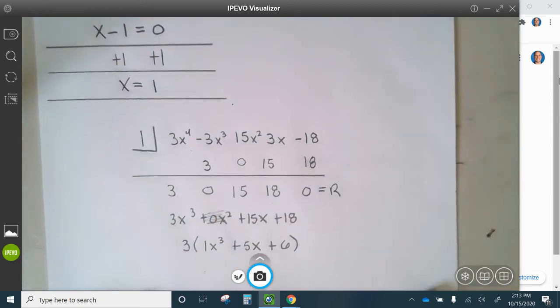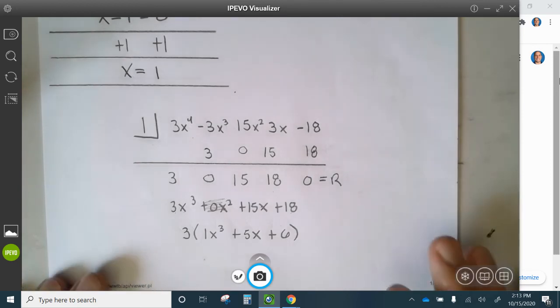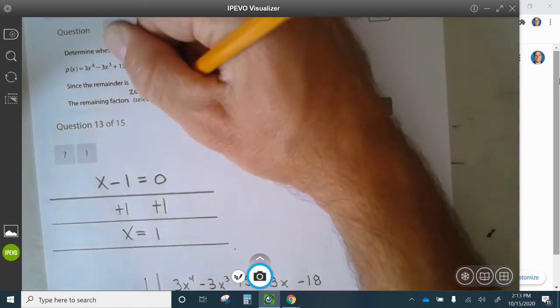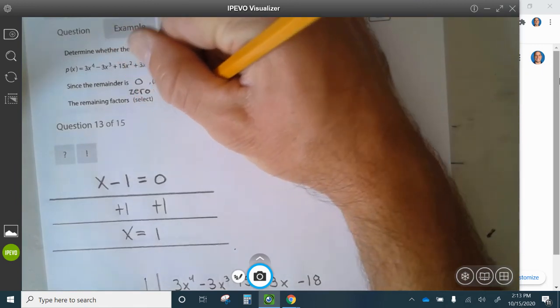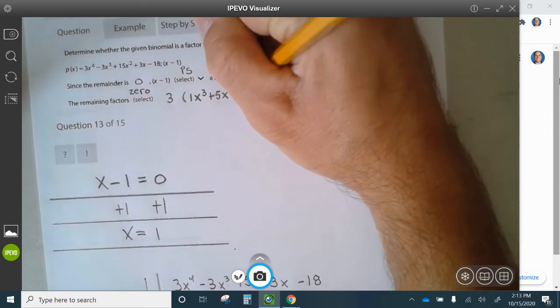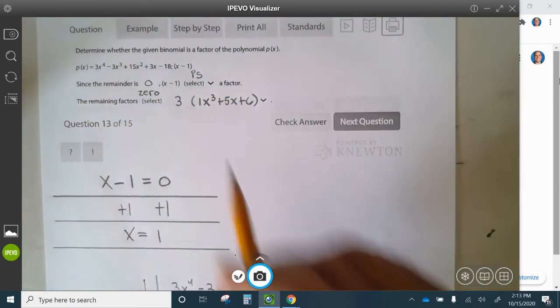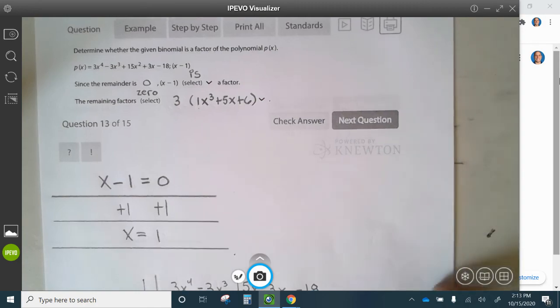There's nothing else you can do factoring. So the remaining factors are 3, and I think they write it this way. They might put an "and" between those, but I'm not sure. All right, go ahead and finish up 13.